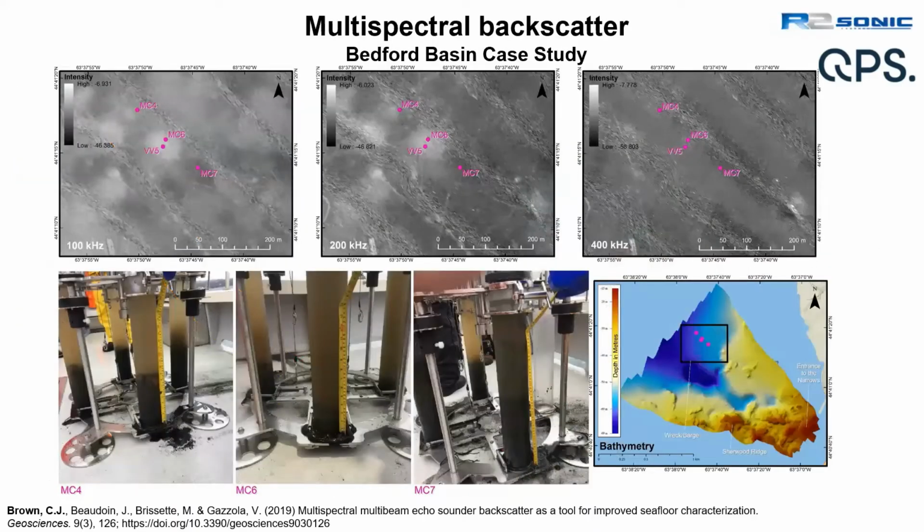But to try and validate and understand exactly what these were, again, we went out and used different validation methods. So we took a multi-core and we targeted on and off some of these hard spots. So we started off with areas that are consistently low backscatter on our three frequencies. Of course, we got full penetration of our core, half a meter penetration into that soft, peaty mud at the bottom of the Bedford Basin.